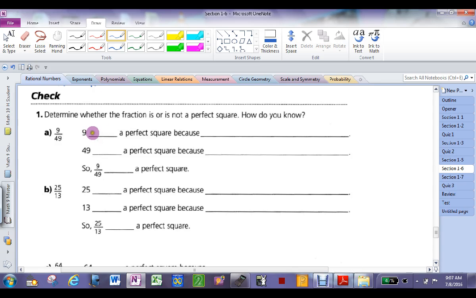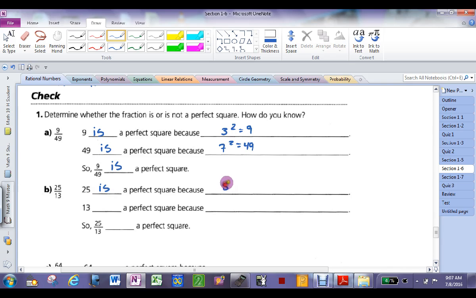Okay, so let's do this. 9 is or is not a perfect square? Is. Why? Because 3 squared equals 9. Is 49 a perfect square? Yes, it is, because 7 squared equals 49. So if both numbers are perfect squares, then is the fraction a perfect square? Yes, it is. 25 is or isn't?